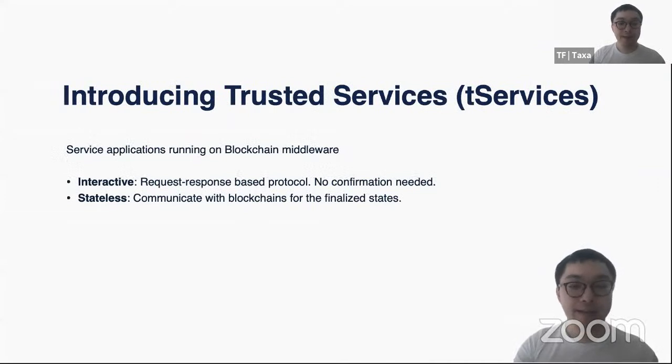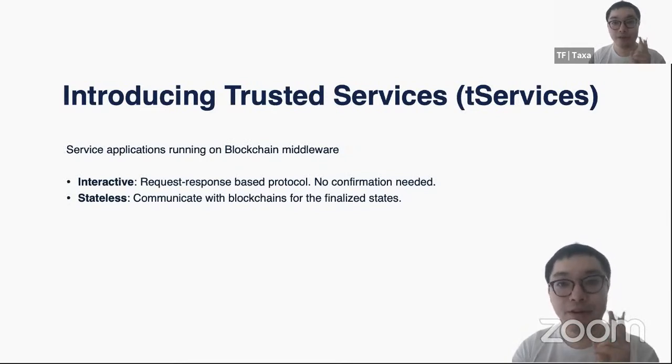Let me introduce the smart contract running on Taxa network. It's called trusted service, T-services. By using the trusted execution environment technology, T-services achieve three things altogether. First, privacy. Second, computation performance. And third, a Turing-complete programming language. Also, a little bit different from the on-chain smart contract, we are interactive.